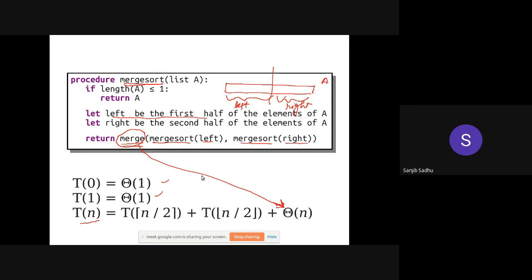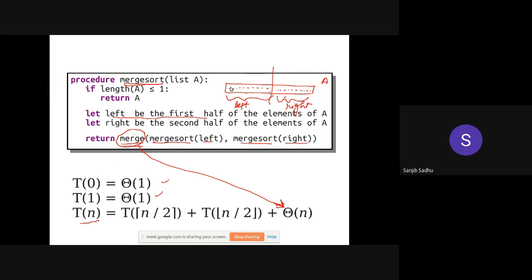This merging procedure takes this, because once you divide the left part and right part, you are sorting all the elements of the left part and the right part in a recursive way. Now, when you merge, if you just concatenate, they will not be sorted.